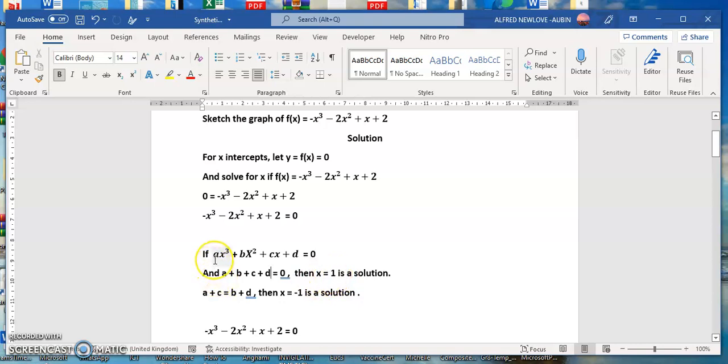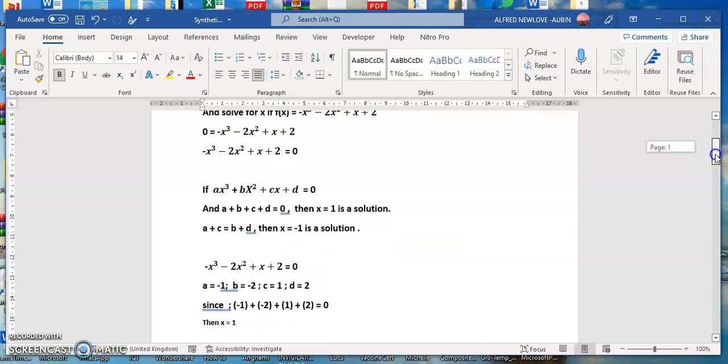Then if a plus c is equal to b plus d, then x is equal to minus 1. So anytime you have a cubic function and you are told to find x, first check this one before we do any trial and error.